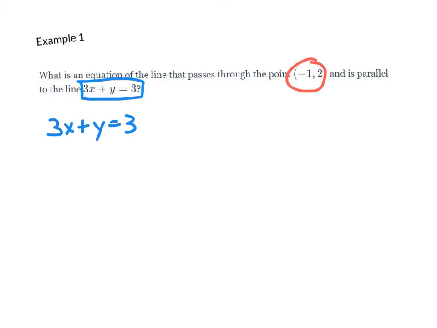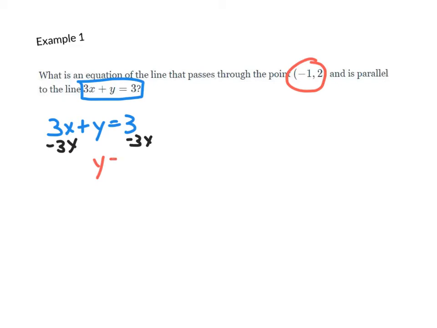So remember, we're trying to solve for y equals. Well, if we want to get y all by itself here, we have to remove the 3x, using the inverse operation. So the inverse of a plus 3x is to subtract 3x to get rid of it on the left side. So that means we have to subtract 3x on the right side.